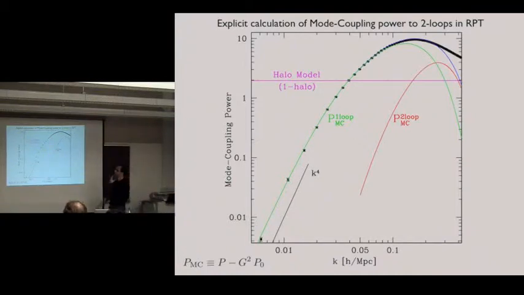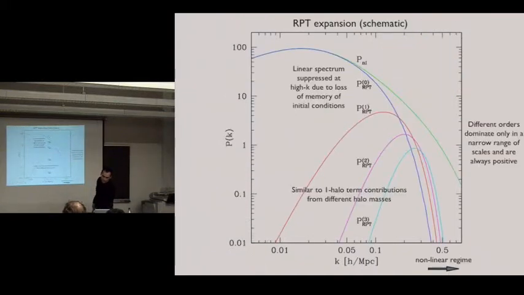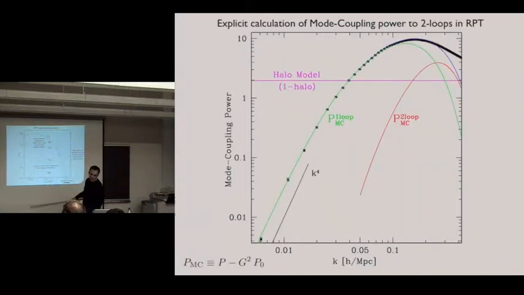Now I want to compare the calculation of the mode coupling power. Roughly speaking, you see at large scales the power spectrum is of order 100 in these units. So now we are looking at these guys, which are much smaller. You can see here I'll go only up to 10 or so. At large scales the linear spectrum is right there.